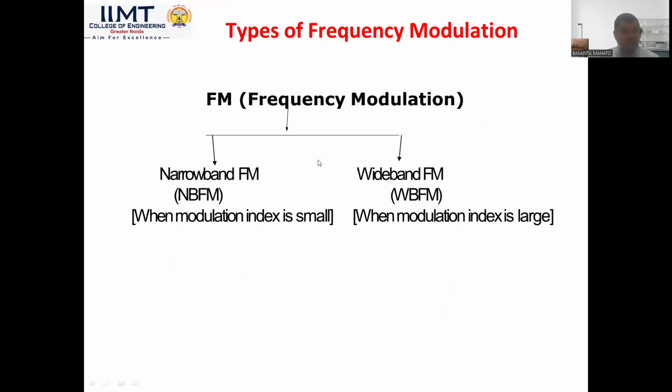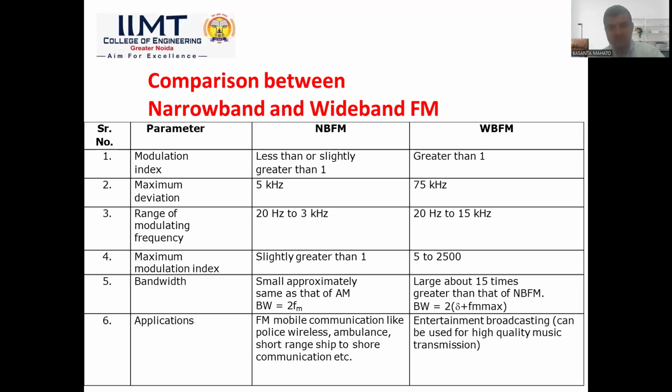The types of frequency modulation are narrow band FM and wide band FM. Why is it so? Because of whether the modulation index is small or larger. So this is directly related to the bandwidth. Now the comparison between narrow band and wide band.